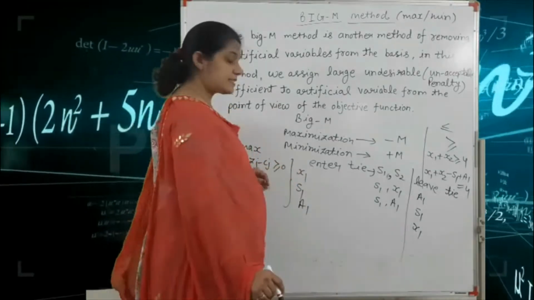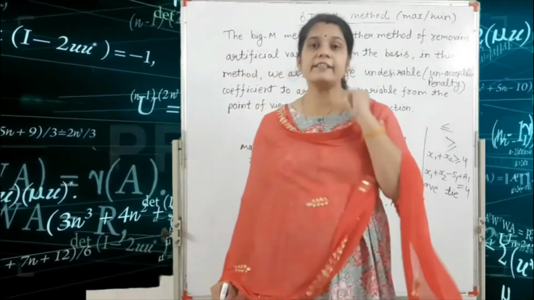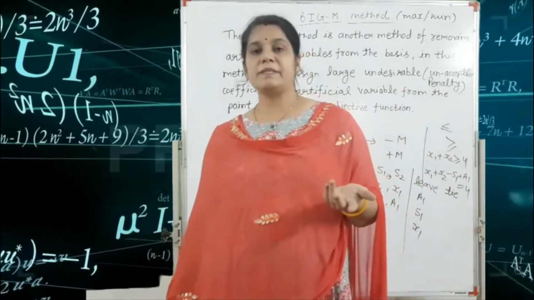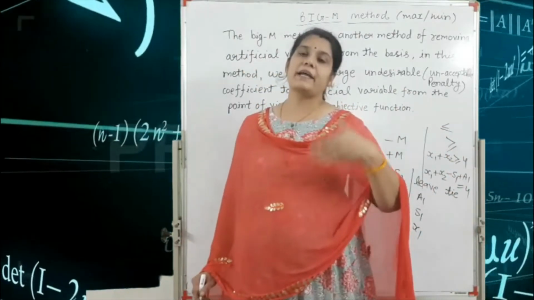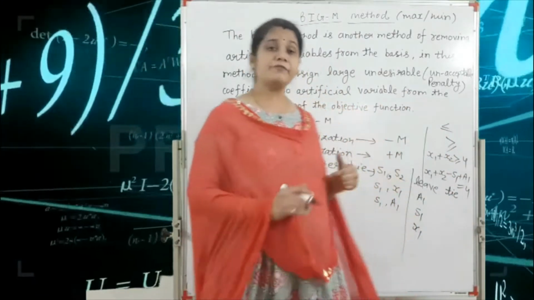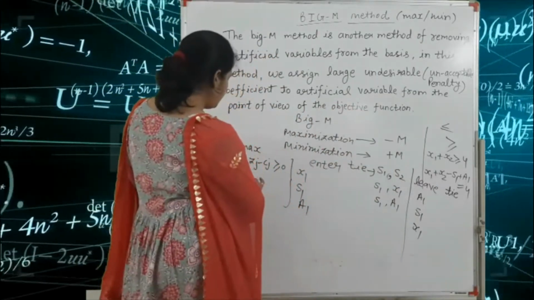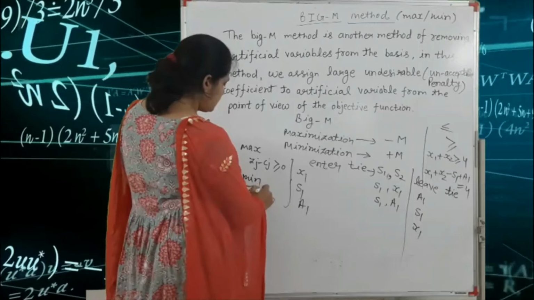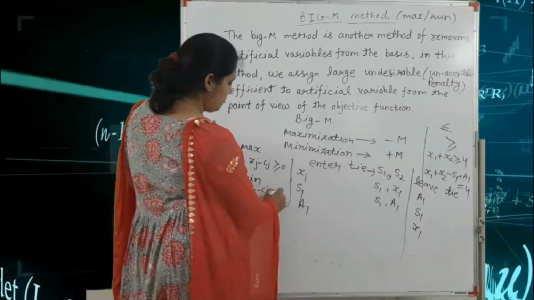If your Zj minus Cj is not greater than or equal to 0, that means we move to the next level and apply the iterations. And if your question is given in the minimization format, always consider Zj minus Cj less than or equal to 0.